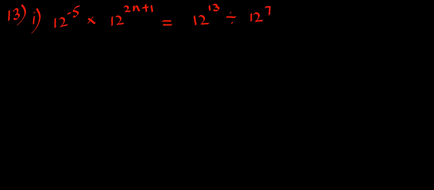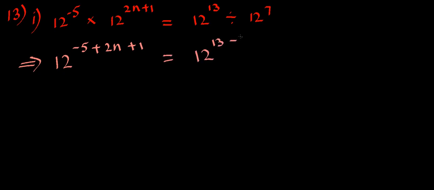Okay, what do we do here? No equal to sign will come here. There is already one equal to sign here. So this implies that 12 raised to, common bases, minus 5 plus 2n plus 1 is equal to 12 raised to 13 minus 7.